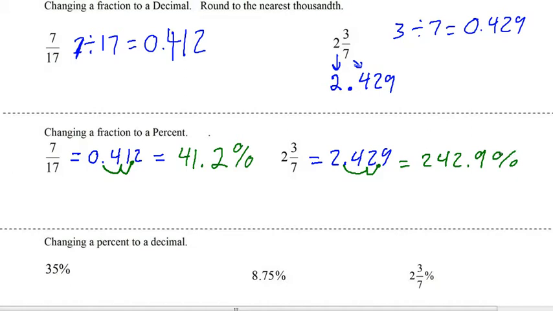Well, why do we move it to the right 2? Well, you can think of it one of two ways. Number one, we want the percent, so you go in the direction of the percent. But the main idea is if you want to change a percent into a decimal, you're dividing by 100. So what is the opposite of division? Multiplication.